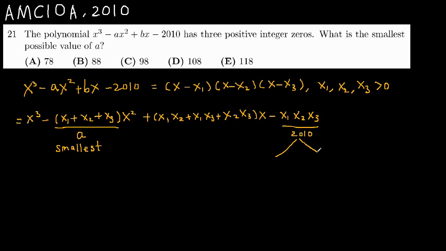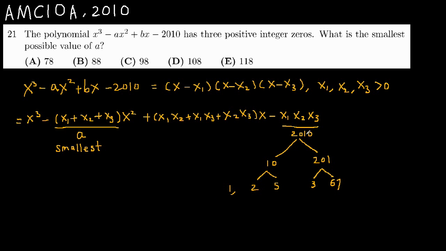Of course, 2010 can be factorized into 10 and 201, and this is 2 and 5, and this is 3 and 67. Of course, you can consider 1, which is always a factor of any integer.